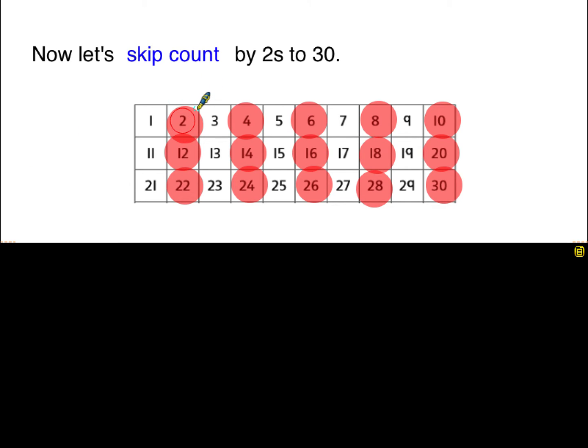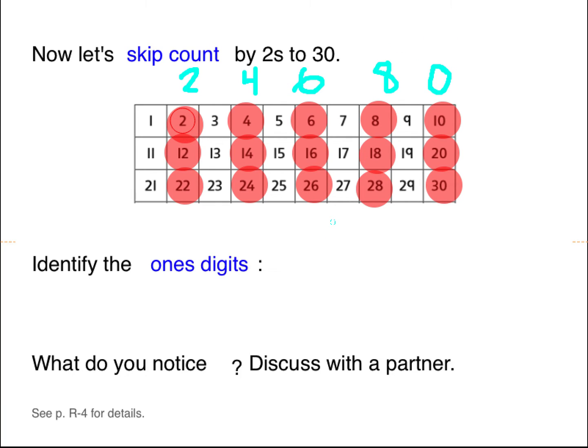These are called the even numbers, and we have to look at the last digits. Remember, we're looking down. We always look at the last digit, the ones digit. So they go by 2, 4, 6, 8, and 0. 2, 4, 6, 8, 10, 12, 14, 16, 18, 20, 22, 24, 26, 28, 30.